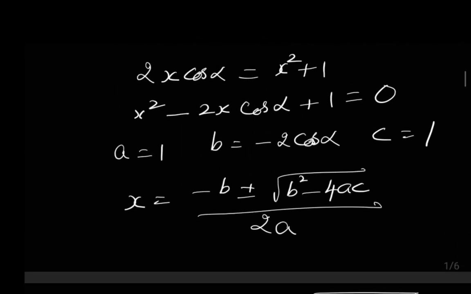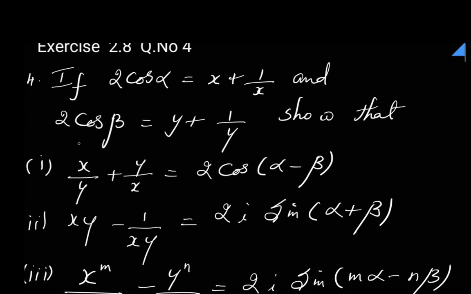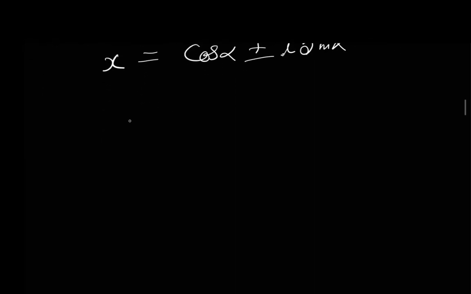See, in the same way, the next one they have given here: 2 cos beta equal to y plus 1 by y. So y plus 1 by y is equal to 2 cos beta.